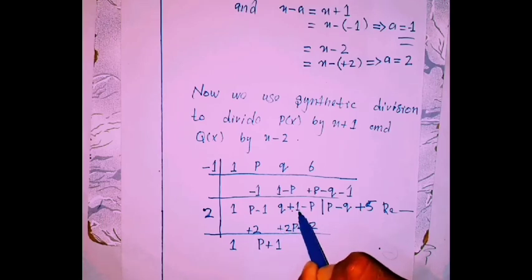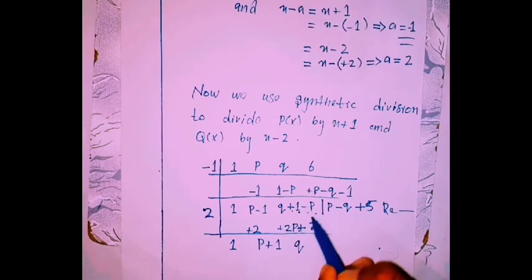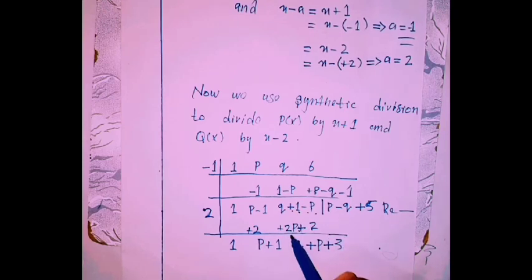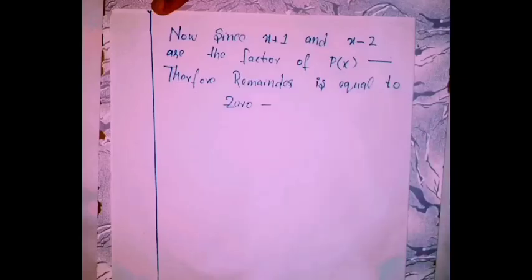Now if we add q plus 1 minus p plus 2p plus 2, we get q minus p plus 2p, which is p, and plus 1 plus 2 is 3, so it's the other remainder here. So we have two remainders.